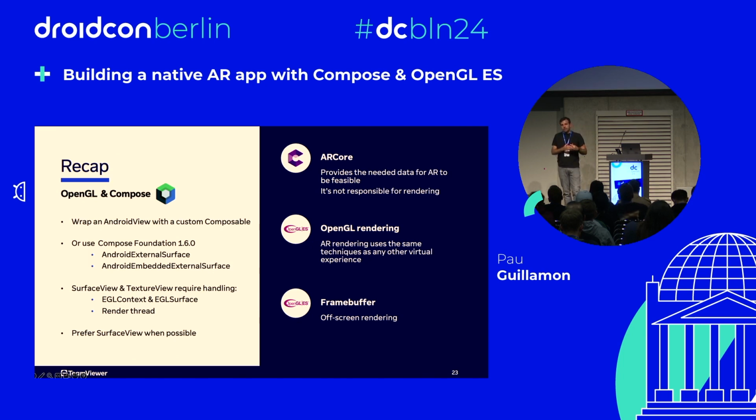On the other side, we've seen how ARCore does a lot of this heavy lifting, but it doesn't really do any of the rendering. ARCore gives us the data, for us to do the rendering and create that AR experience. And we can do that with OpenGL. And we've seen how those AR experiences are not that different from other virtual experiences, and we're using the same techniques, such as frame buffers, that we can use for off-screen rendering, maybe to simplify processes or to do some post-processing, for instance.